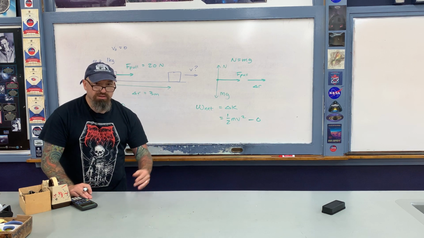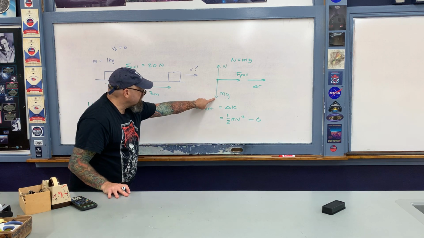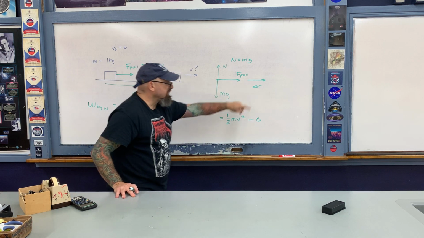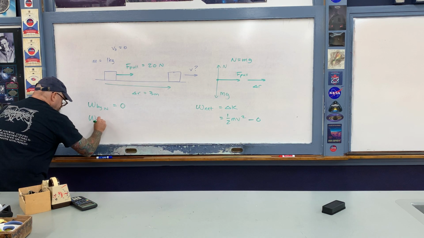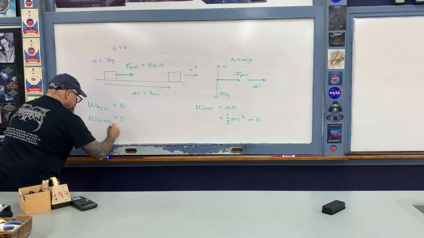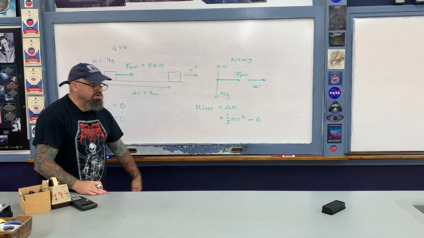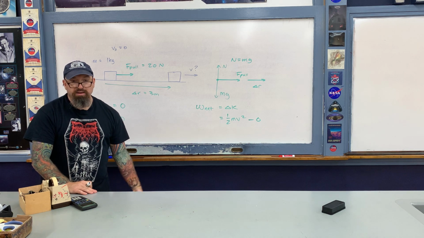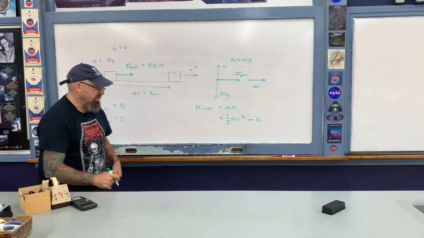Same thing for gravity in this horizontal situation. No work is done by gravity because the gravitational force vector is perpendicular to the displacement vector. Let me write that here as well. So the work done by gravity is equal to 0. Therefore, the left-hand side of the expression is only going to be one thing: the work done by F pull. So let's go ahead and do that calculation next.